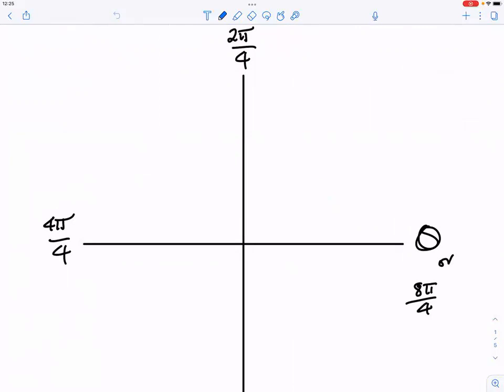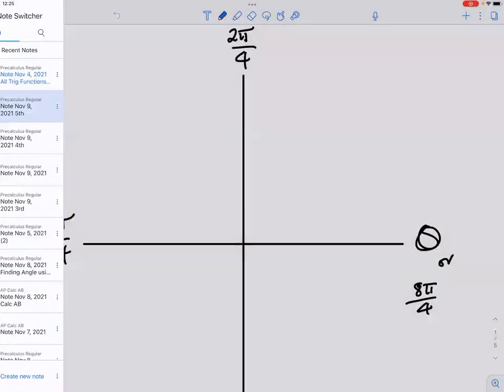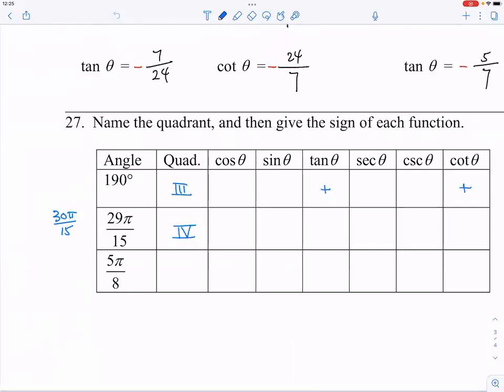You can use the same way of thinking. In this case, 30 pi over 15 is 2 pi, so 29 pi over 15 would be just in quadrant 4. That means cosine and secant will be positive. Everything else will be negative.